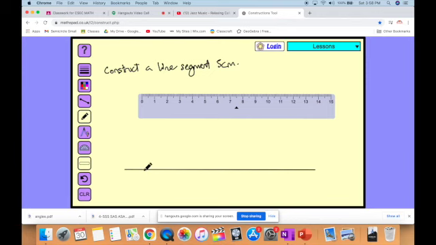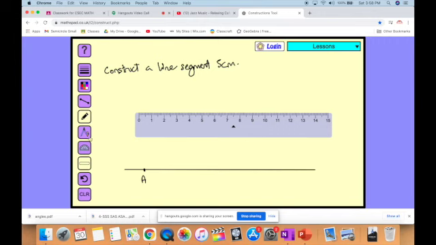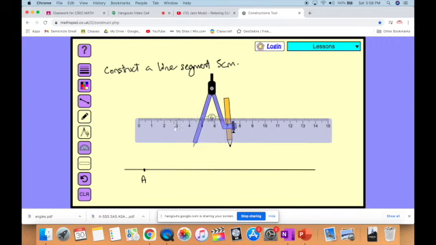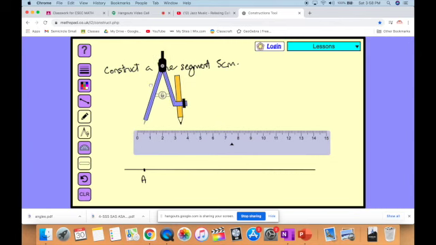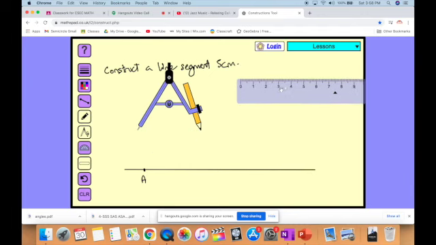On this side you mark off a point A. Then you take your compass and put the point of the compass on 0, very carefully. You open it out to 5 centimeters, and make sure the compass locks and doesn't move from there.